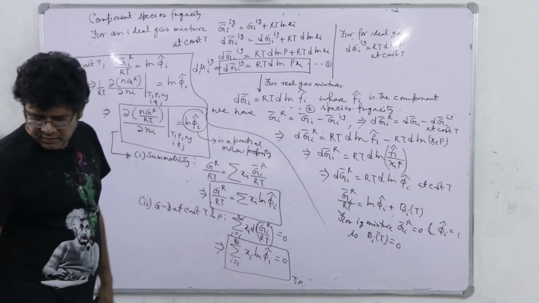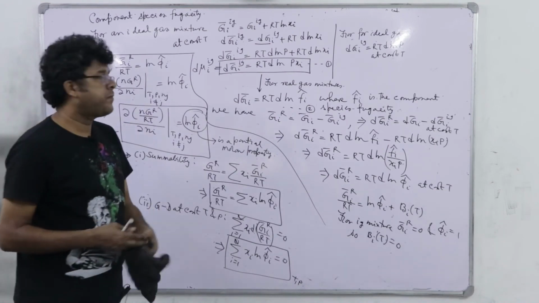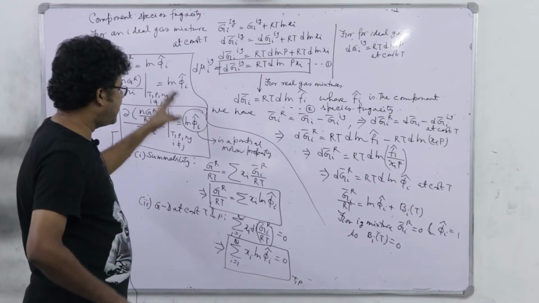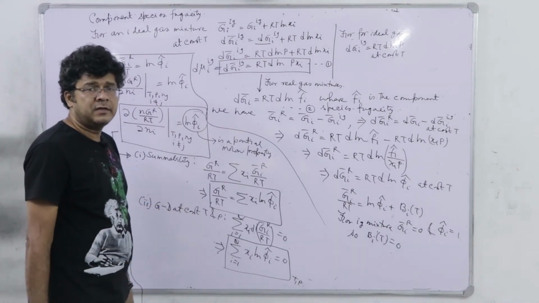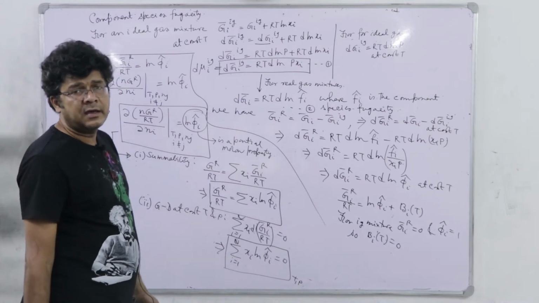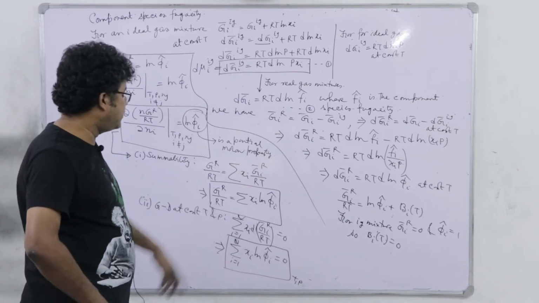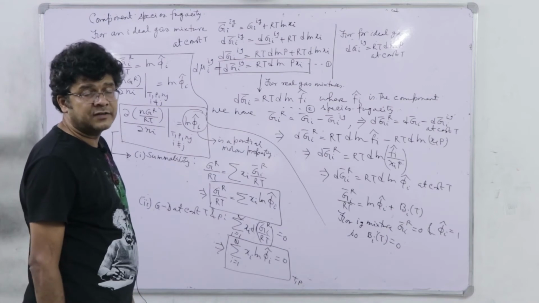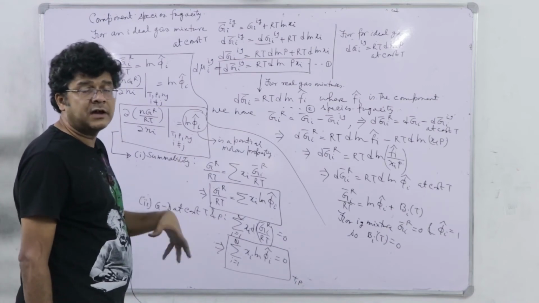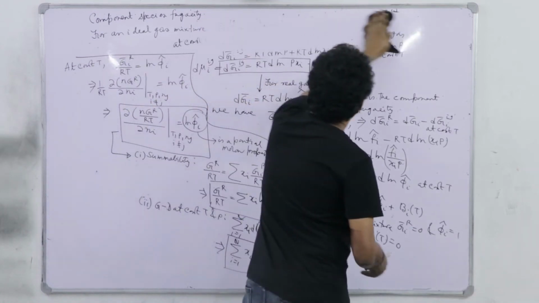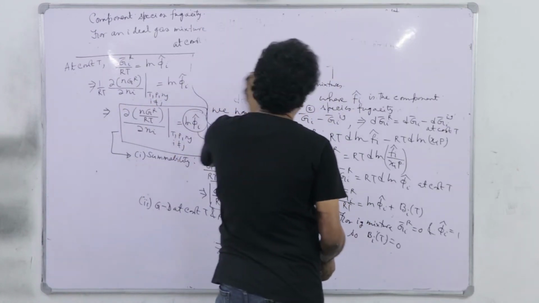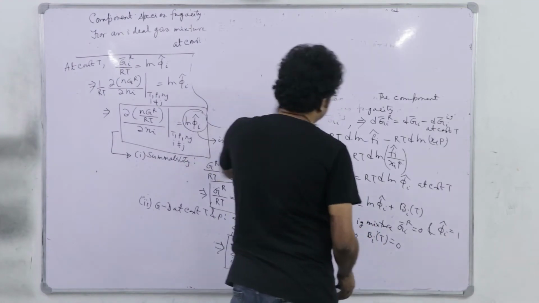Now, with this, just like the fundamental property relation for U, G, A and H, we will try to derive the fundamental property relation for G R by RT, the normalized residual Gibbs energy of a mixture.